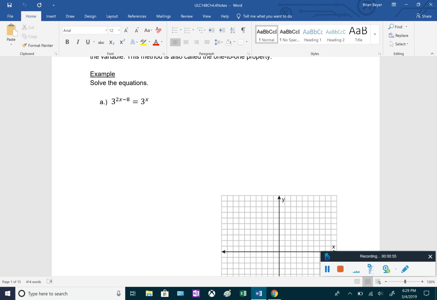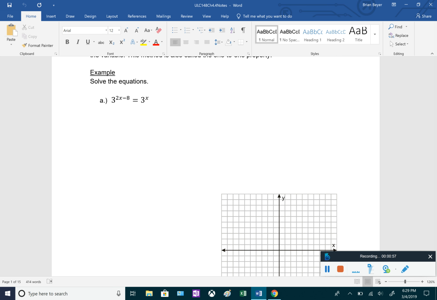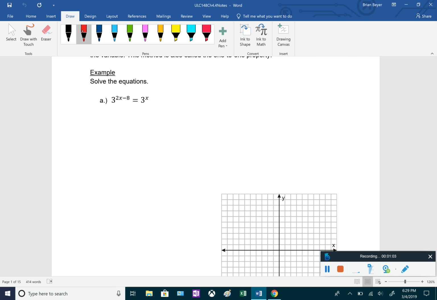Okay, so for example, let's solve this equation here. We have 3 to the 2x minus 8 equals 3 to the x. So we want to figure out what x value makes this equation true. The first thing we should realize is that these are exponential expressions on both sides with the same base.